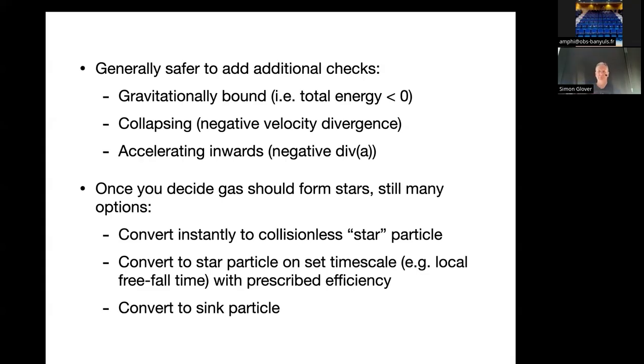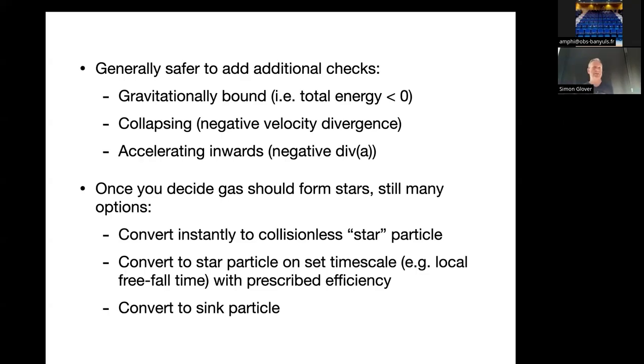Anyway, supposing you decide gas should still form stars, how do we do this? Well, we can instantly convert it to a collisionless star particle, or we can convert it over some longer time scale or with some prescribed efficiency.